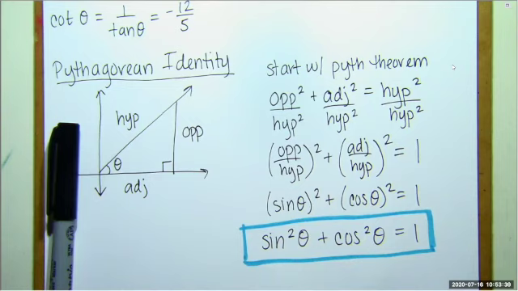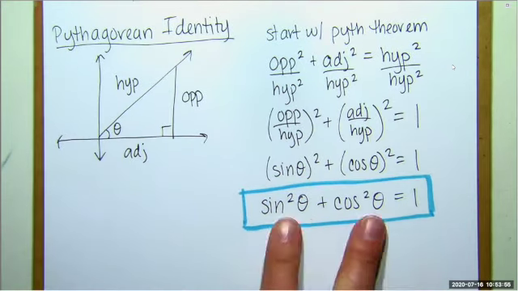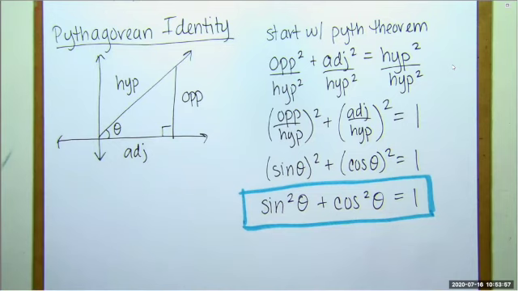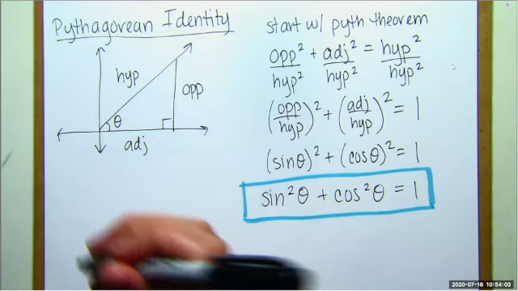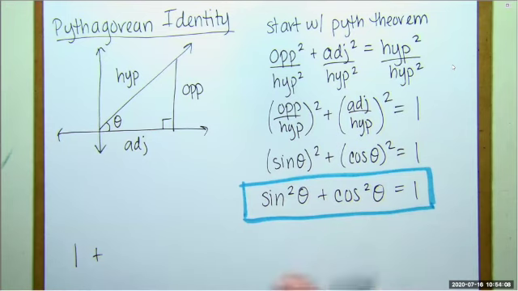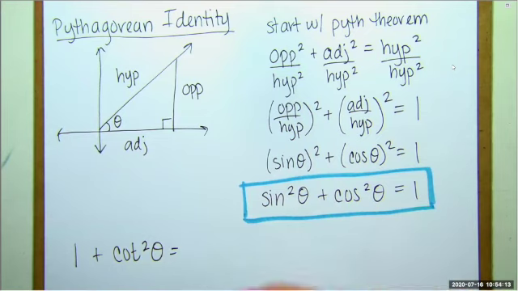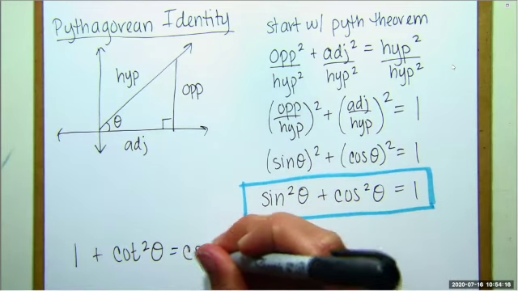There are 2 other versions of the Pythagorean identity. I'll write them down for you, but I'm not going to put them in a box because I don't think you should memorize them. But you should recognize that there are other versions. If we take this equation and divide both sides through by sine squared of theta, sine squared over sine squared is 1, cosine squared over sine squared would be cotangent squared, and 1 over sine squared would be cosecant squared.